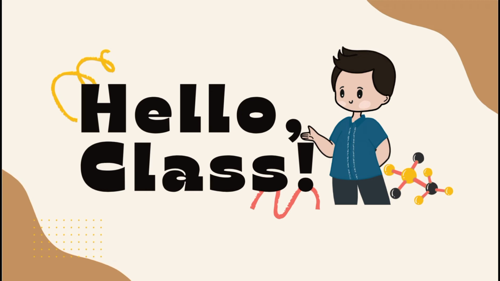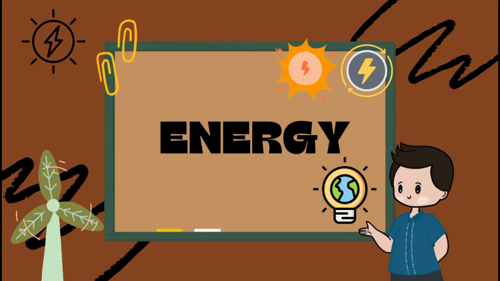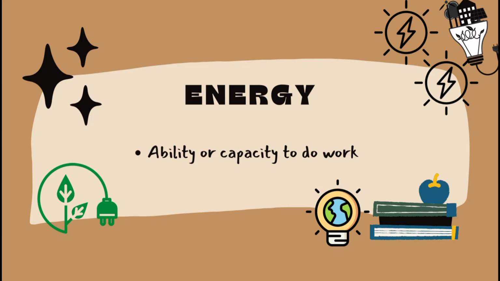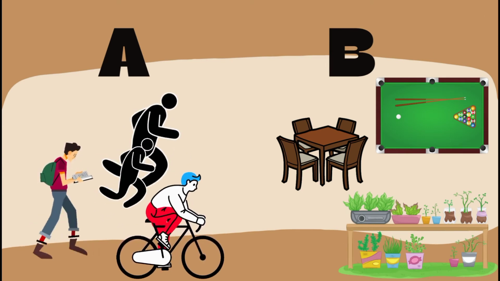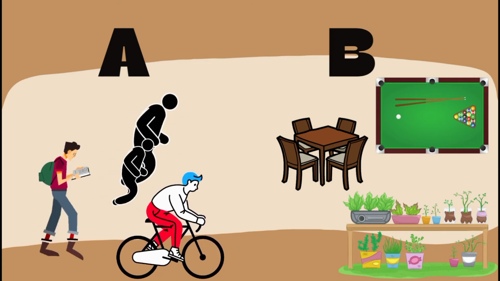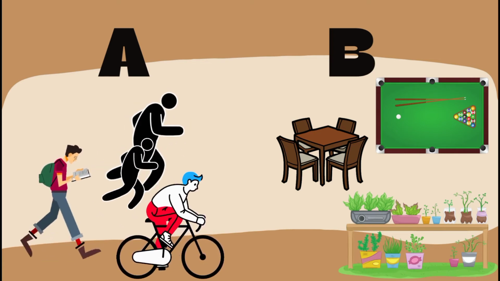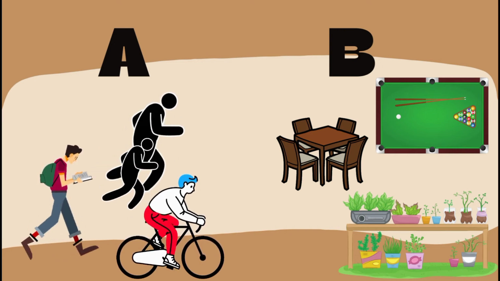And what I have here is something about energy. Energy is simply defined as the ability or capacity to do work. To give you a simple activity for this session, may I ask everyone what would be the difference between group letter A and group letter B?